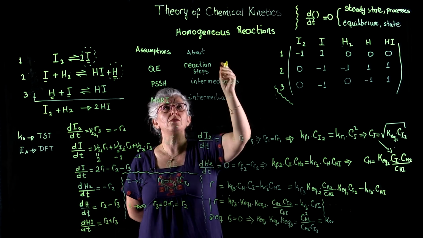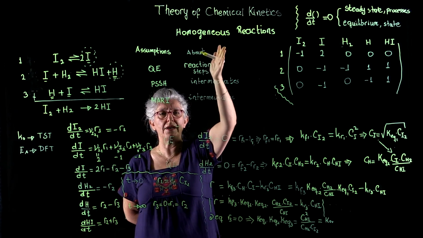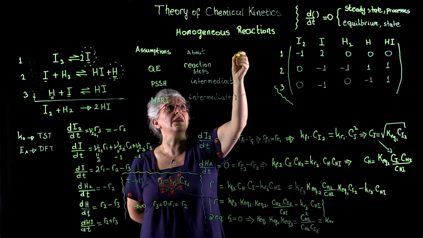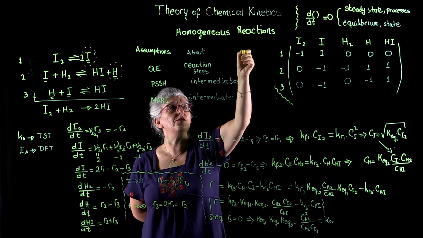And how do we know assumptions about these? How do we decide?